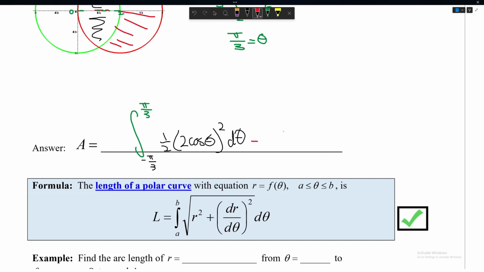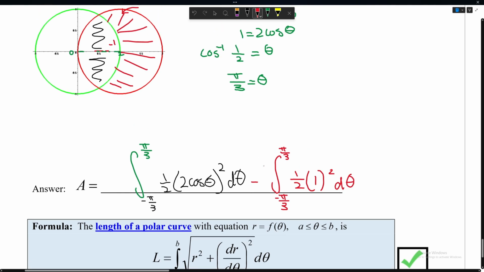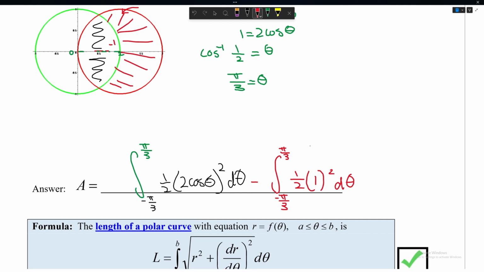So what we can do here is the same thing. What do we need here? Negative pi over 3, 1 over 2. We want a full circle squared d theta, right? Okay, I see. Yeah, I actually made a mistake with my thought.